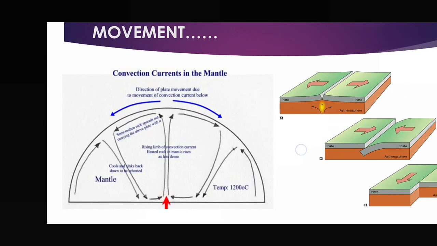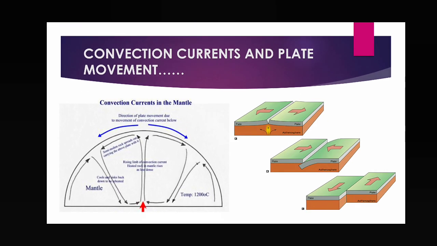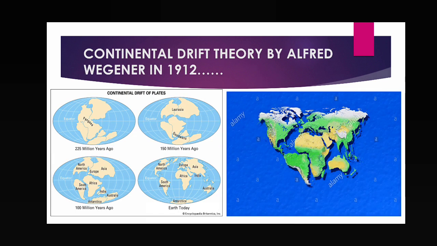I just told you that India was not with Asia in the beginning, it was with Australia. So we have to find out now, give me the proof of plate movement, that plates are moving. Evidence, give me the proof.